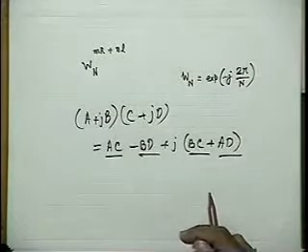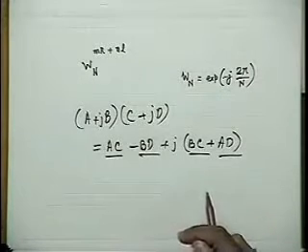Now the question is, is it possible to define a unitary transformation where the elements of the transformation matrix, instead of being complex, are all real? It is possible to define such unitary matrices, and with that concept, the transformation technique which will be presented now is called the discrete cosine transform.